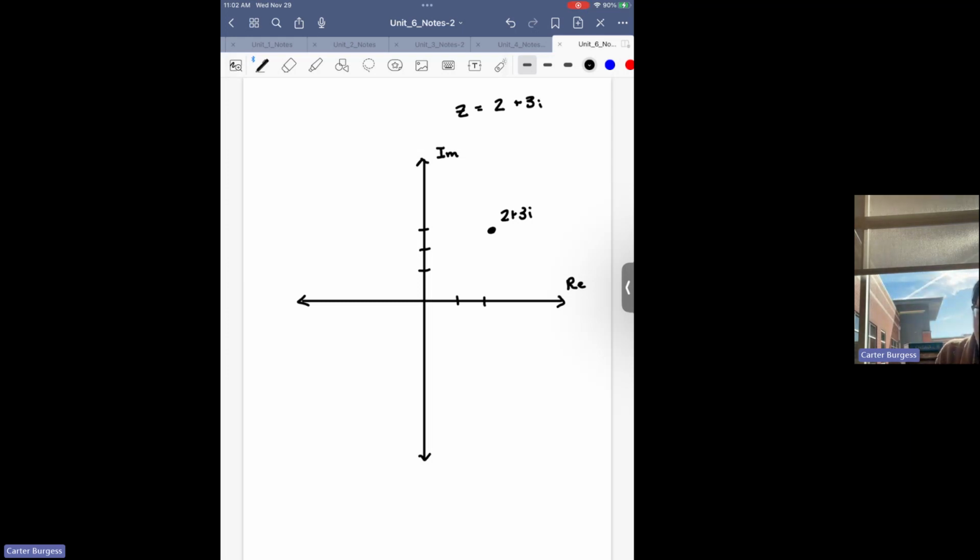Very simply, if we have a plus bi as a complex number, then it does us well to think of this like the point (a, b). So technically not a point, effectively a point though.